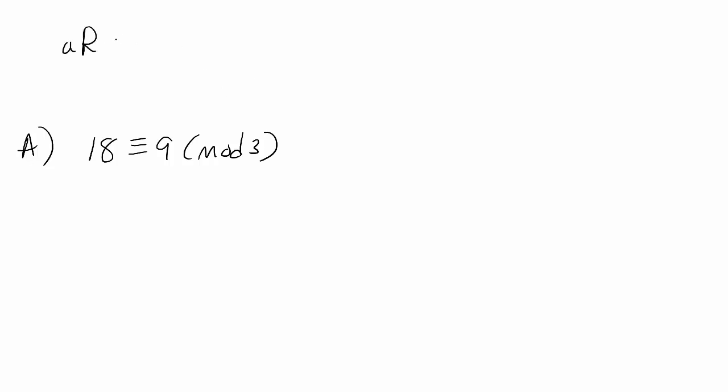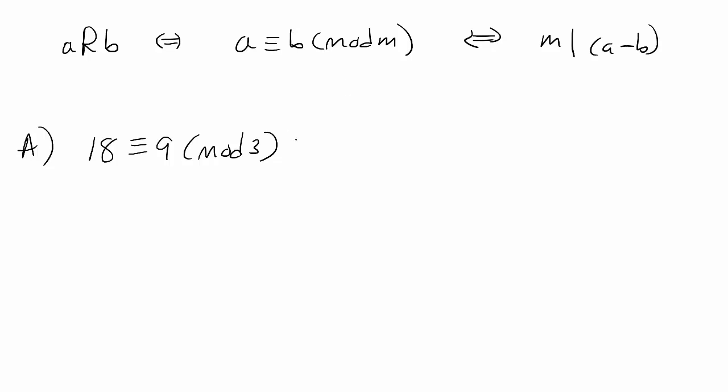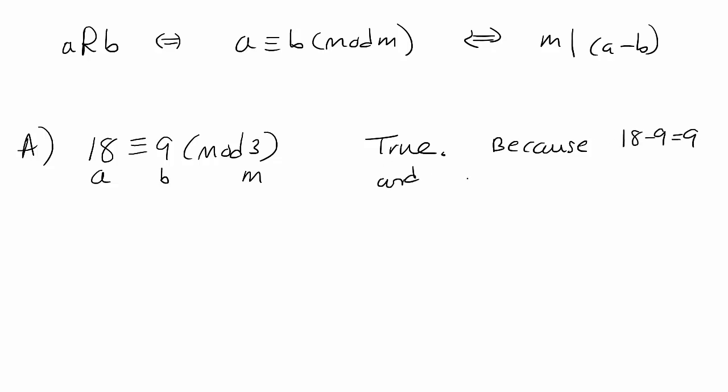The previous definition said that A is congruent to B mod M if and only if M divides A minus B. So 18 is A, 9 is B, 3 is the M. This congruence is true, because A minus B is 18 minus 9, which is 9, and your M, the 3, divides that difference. That's a true congruence.